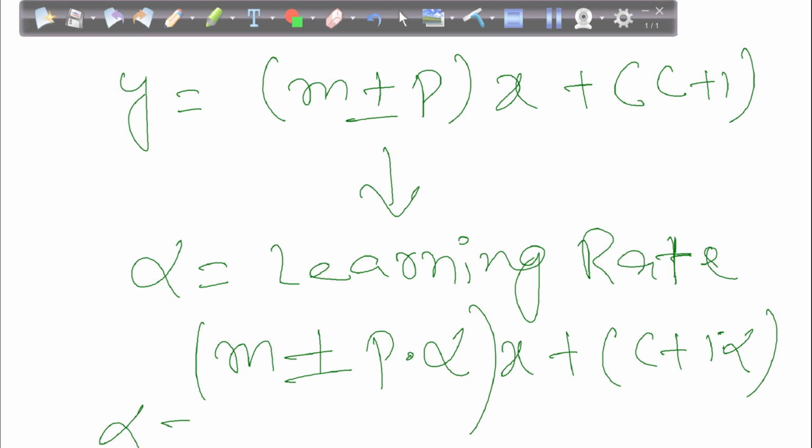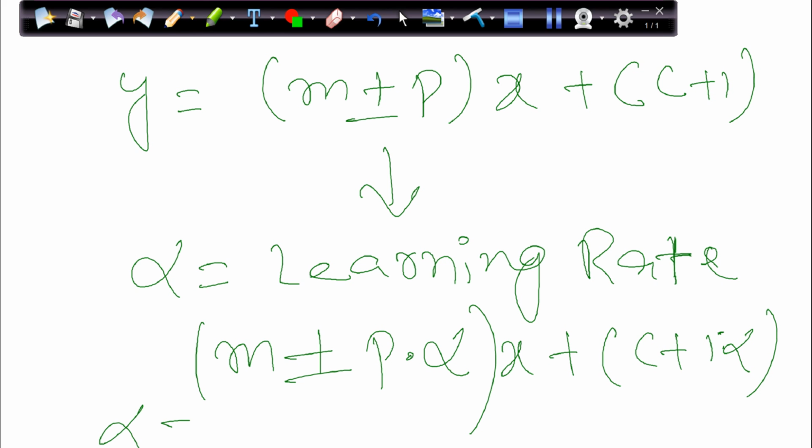This alpha is a small number. So this alpha is called the learning rate, and that is helpful for our algorithm to learn whether or not it is going in the right direction.